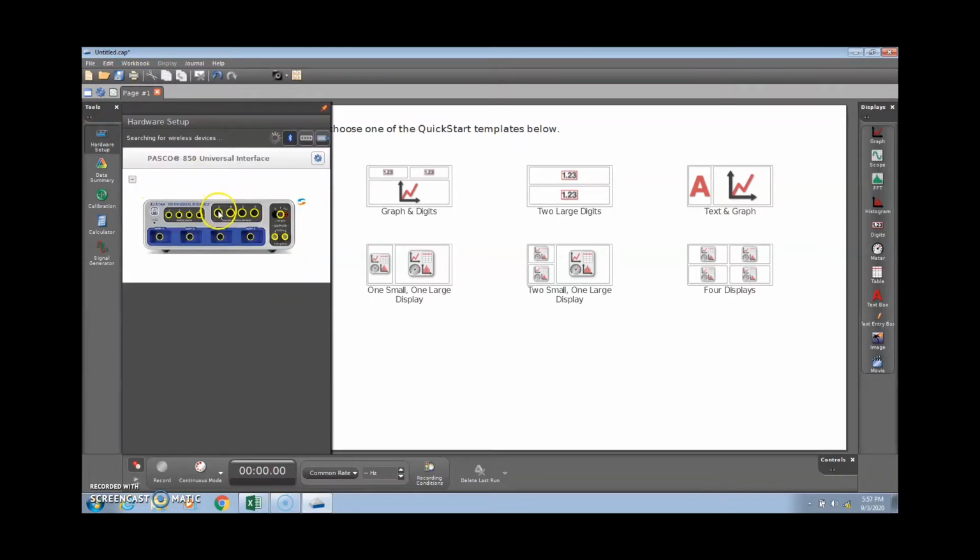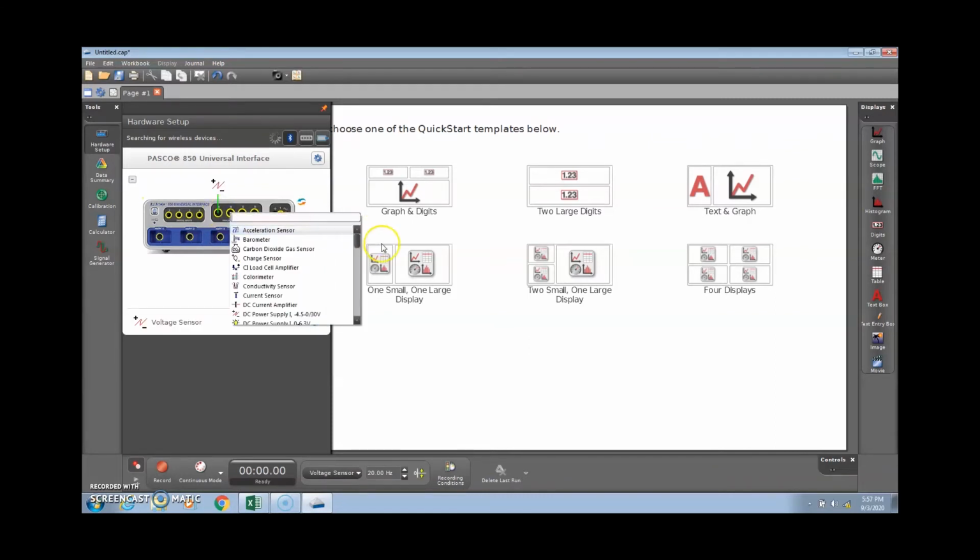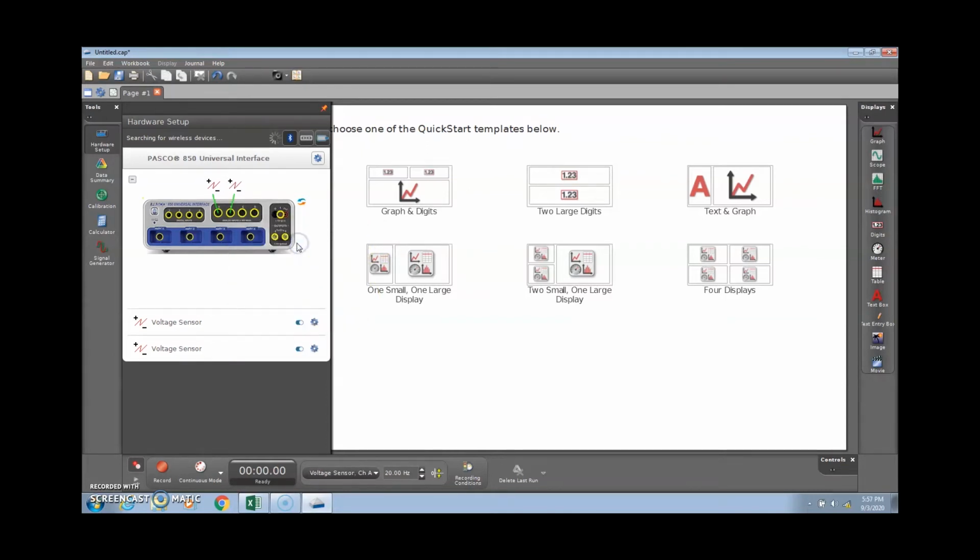I have 3 sensors connected, and they're all voltage sensors. Channel A's voltage is going to correspond to the pressure. Channel B is the volume, and channel C will be temperature.